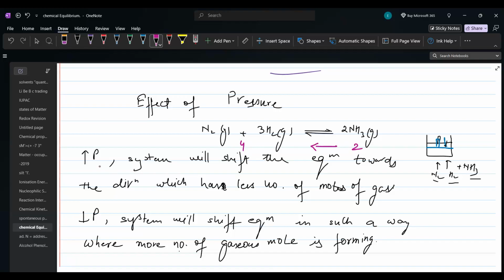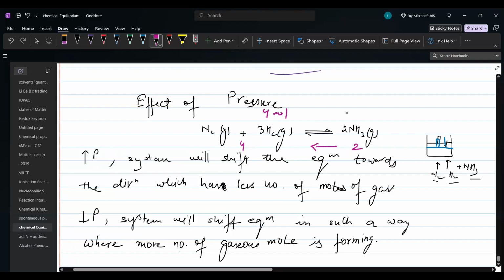In the first case, when we are increasing the pressure, you can understand it also. When we have increased the pressure, more and more moles of nitrogen and hydrogen start reacting, so that only when 4 moles are reacting, only 2 moles of gas are forming. So again, pressure will start decreasing. We have increased the pressure from outside.